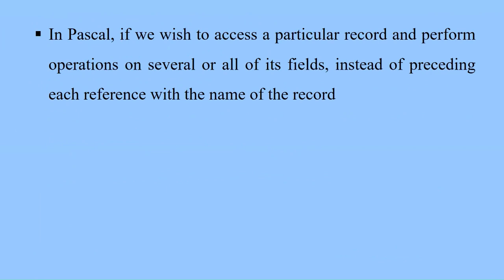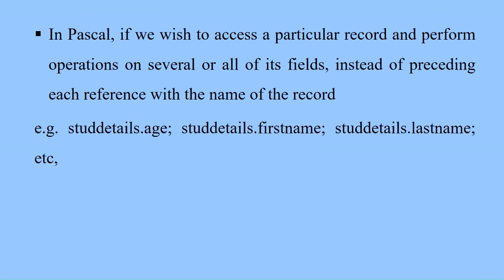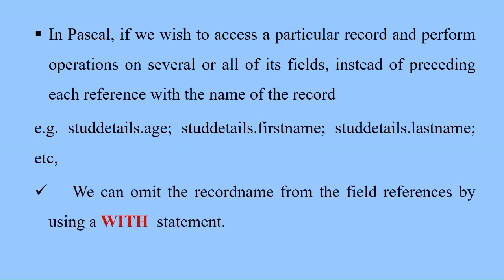In Pascal, if we wish to access a particular record and perform operations on several or all of its fields, instead of preceding each reference with the name of the record, for example, student details.age, student details.first name, student details.last name, etc., we can omit the record name from the field references by using a with statement.